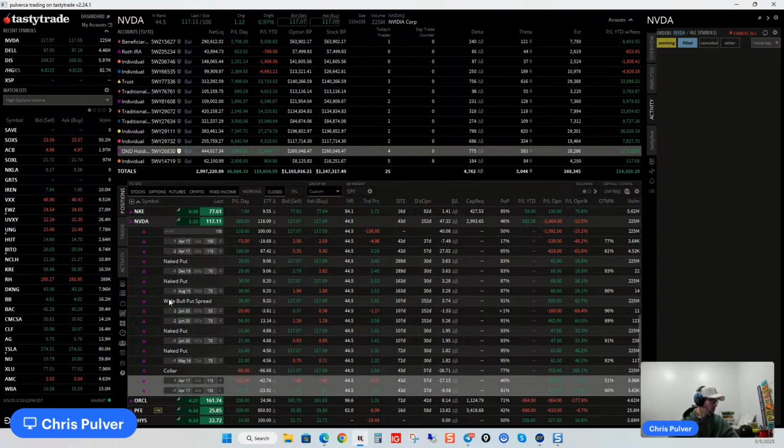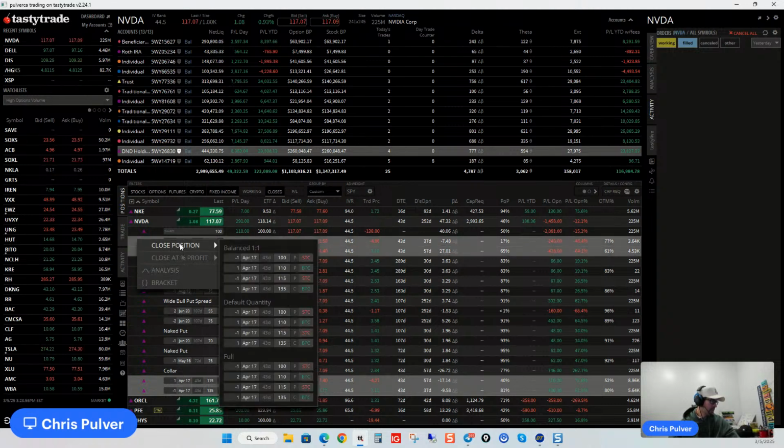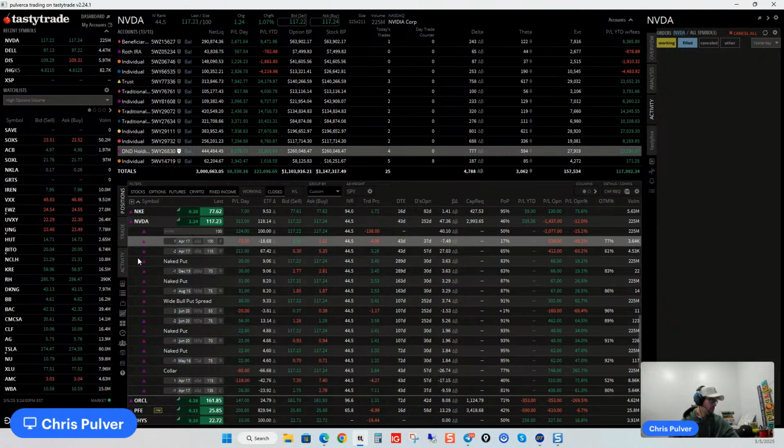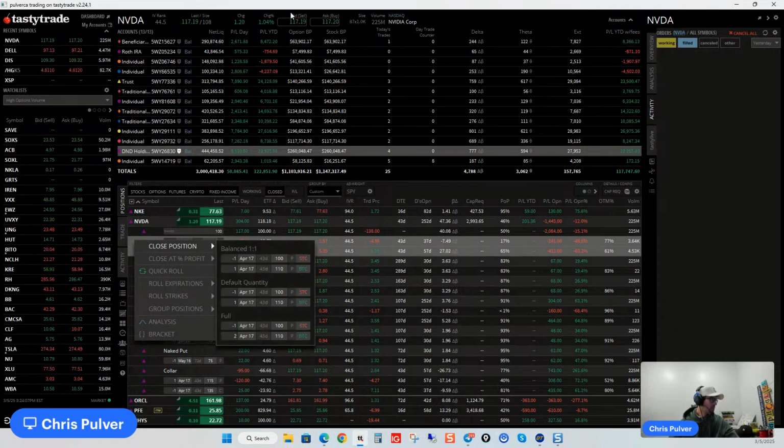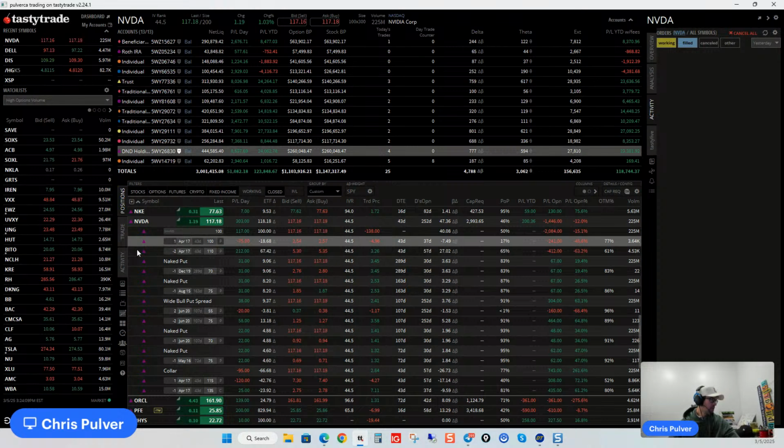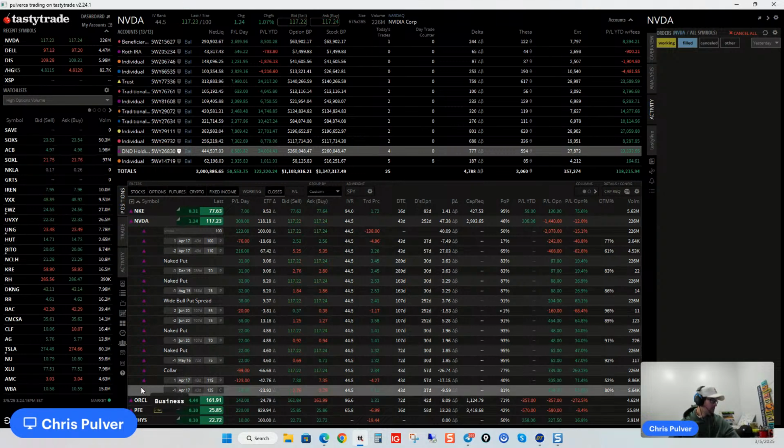So the 135 by 115 is my collar, and then I have a ratio spread 110 by 100. That is a ratio spread. Actually, that's not a ratio spread. This is 135. I did this.